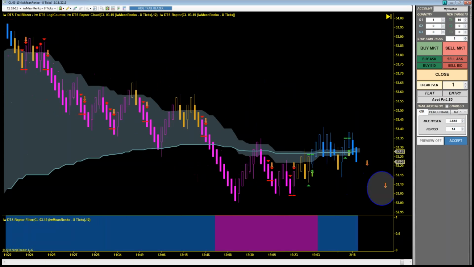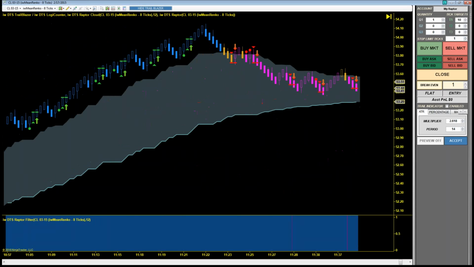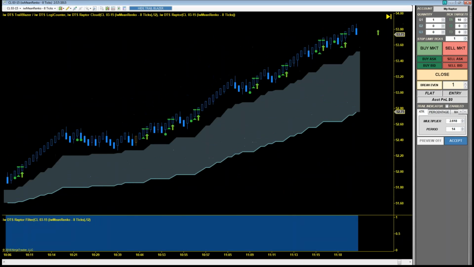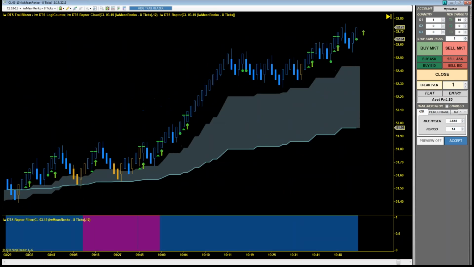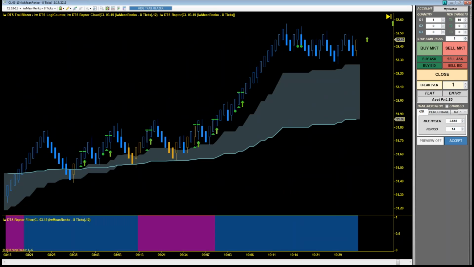This would be a sell signal. And normally with the Raptor, we try to get on these signals early. Here's a little bit of a trend change signal, and there's our trend change signal coming once this band has flip-flopped. And so once again, we have red warning dots, red signal, red bars, red filter, bearish band.